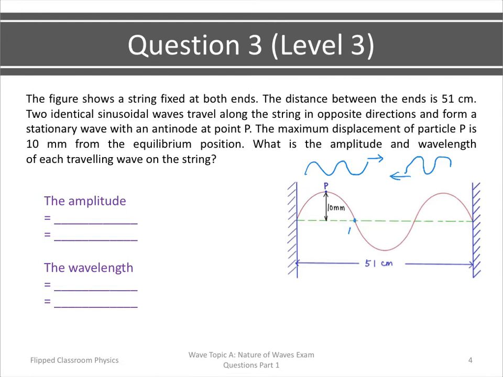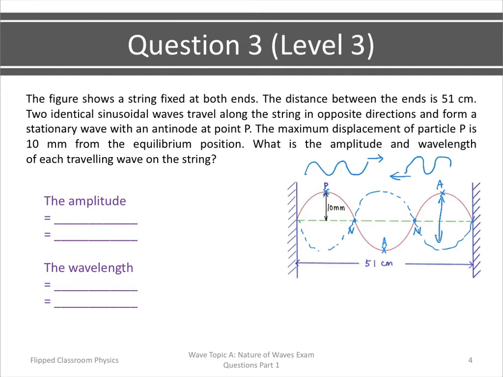At the position of node N, there are no oscillations, as the vibrations of the waves just cancel each other. At the position of antinode A, the vibrations of the waves will add up to reinforce each other. So the stationary wave will look like this.